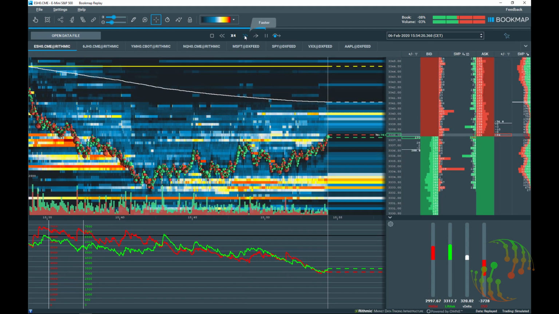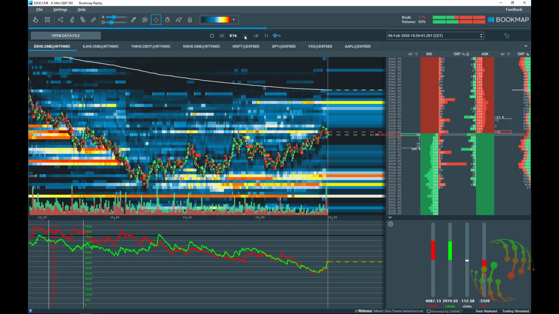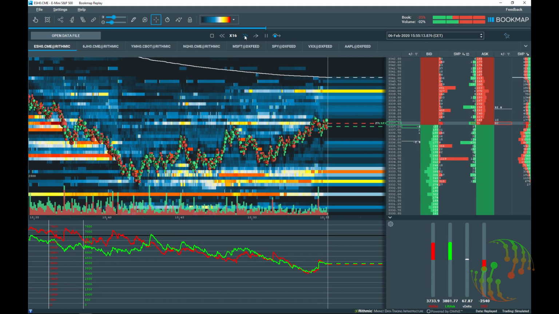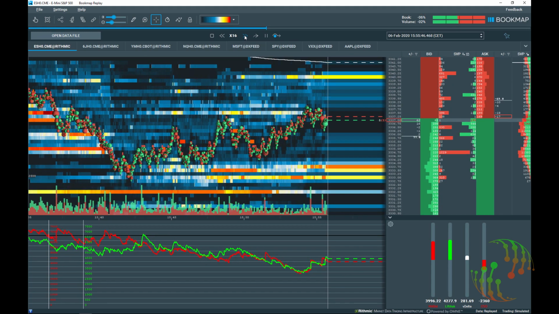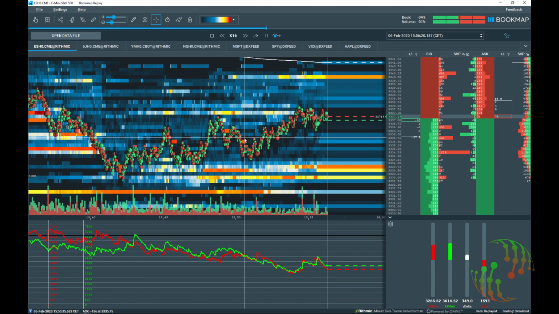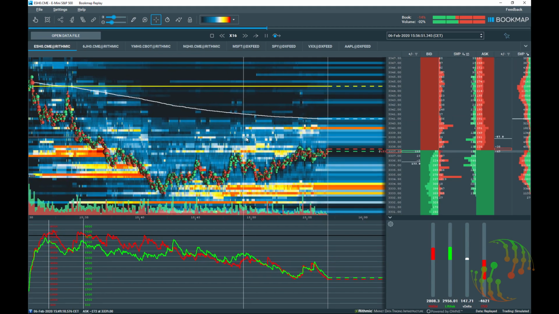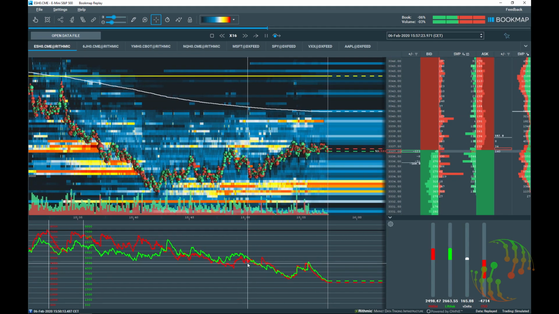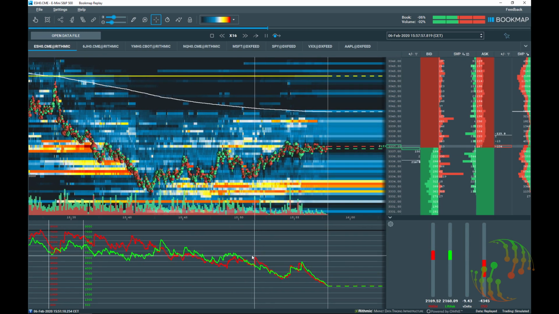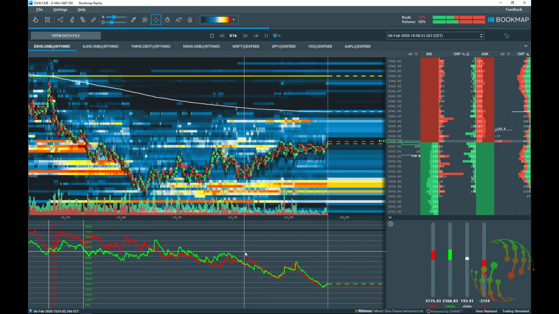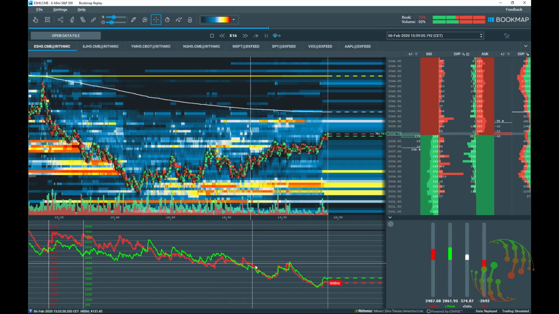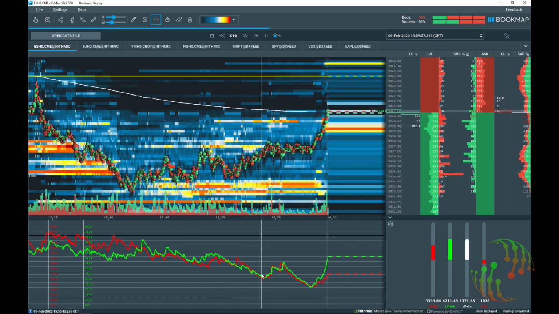Let's jump a little bit forward. The velocity of the market, that means traded market volume, is decreasing here.